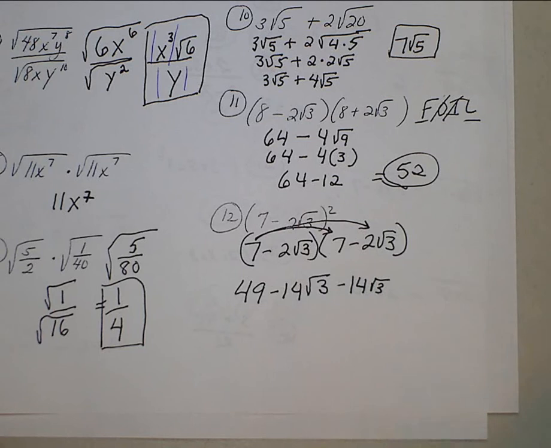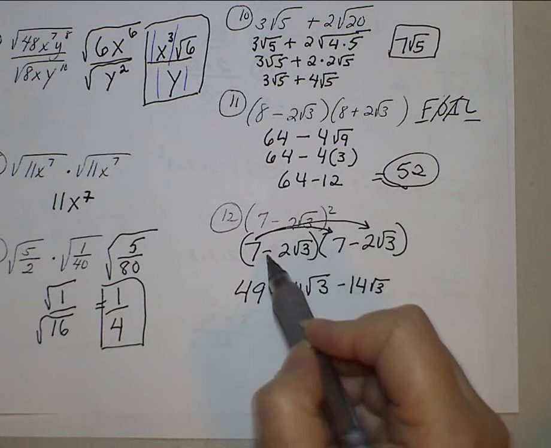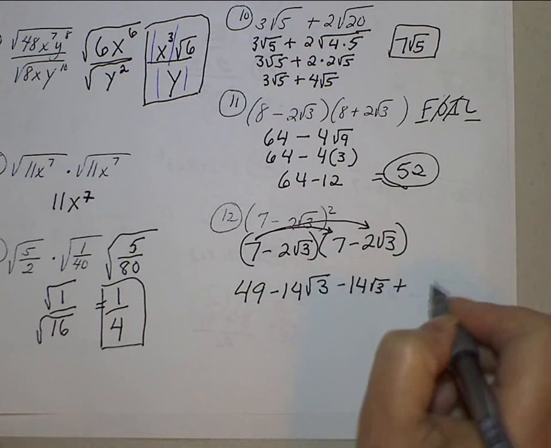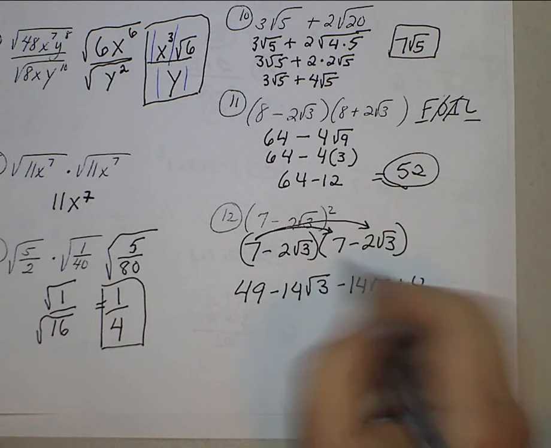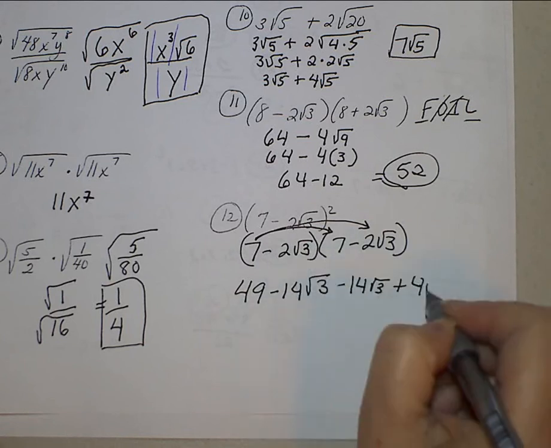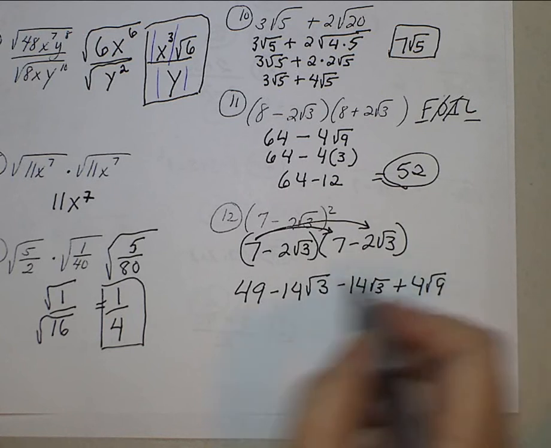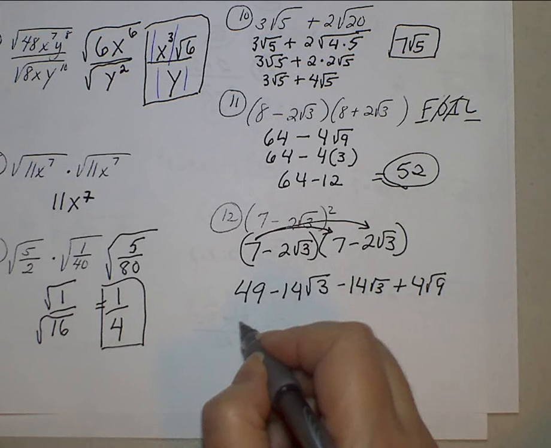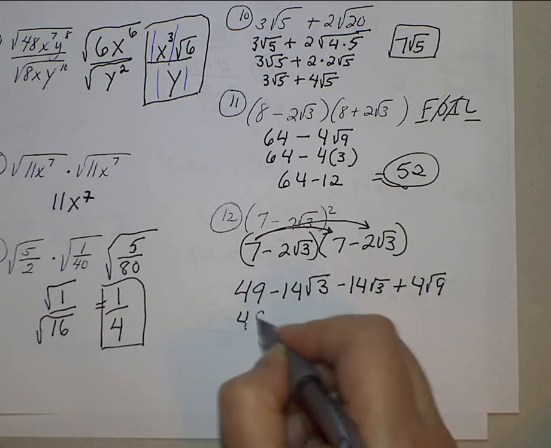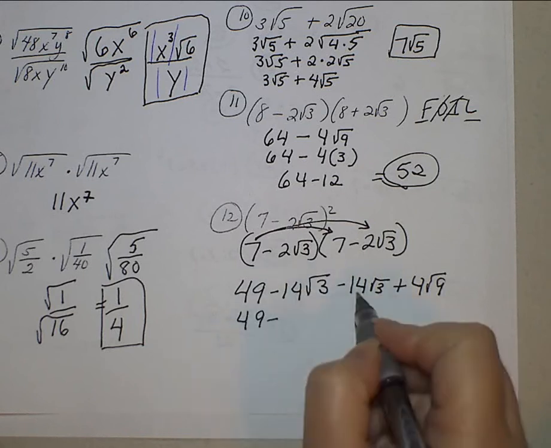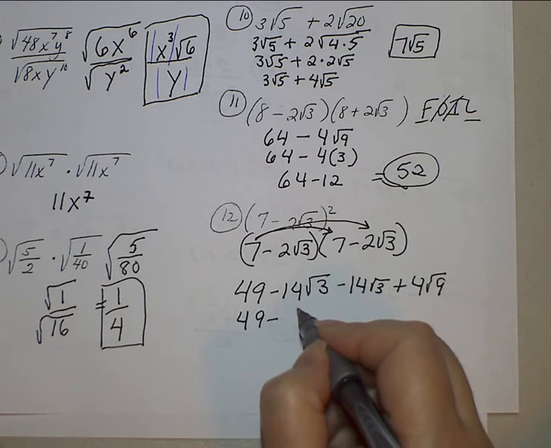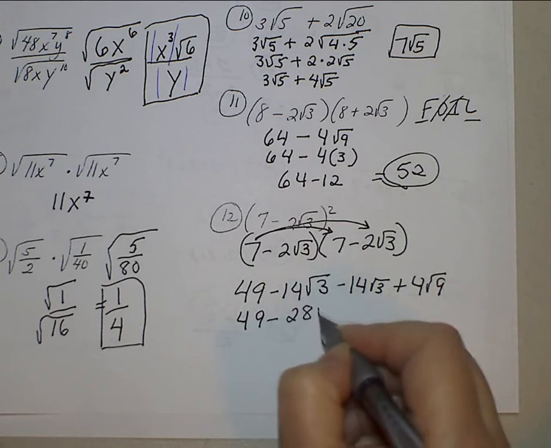And the last, negative and negative is a positive. 2 times 2 is 4. Square root of 3 times square root of 3 is the square root of 9. So we have 49 minus 14 and 14 is 28 square roots of 3, because these are like terms.